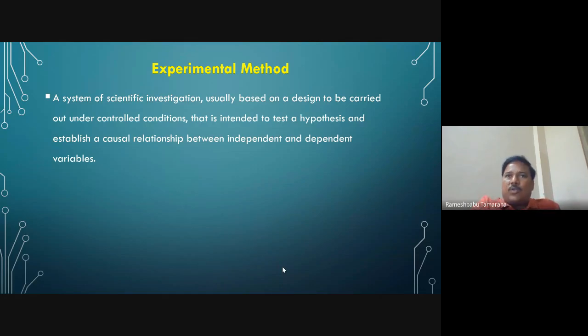So for example, let me go back to my previous example, the relationship between breakfast type and academic achievement. If I wanted to do that particular study as an experimental design, the breakfast type or the content of breakfast would become the independent variable. The independent variable is nothing but the variable whose effect is being studied.